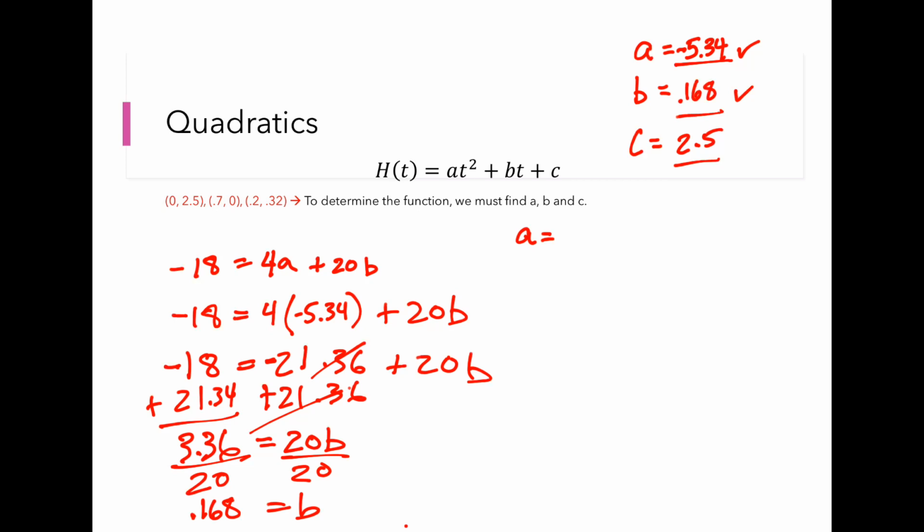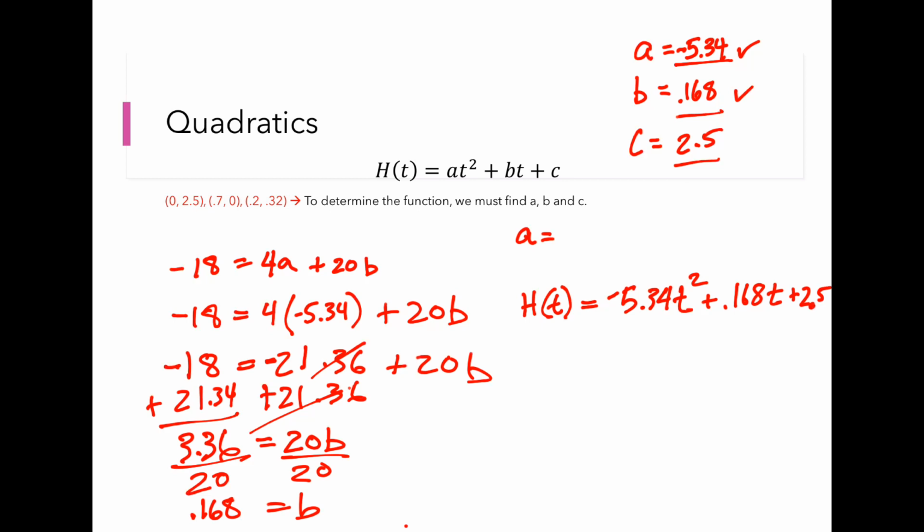So, with uncovering a, b, and c, I now have the equation for the flight of this ball: negative 5.34t squared plus 0.168t plus 2.5.